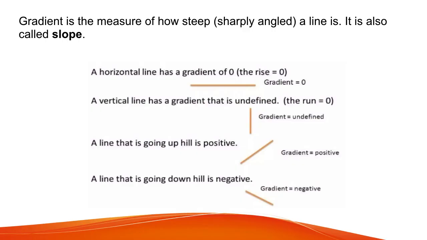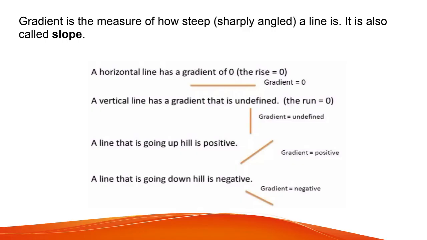When the line is horizontal, it means it's parallel to the x-axis, and the gradient is 0. When the line is parallel to the y-axis, meaning it's vertical, perpendicular to the ground, the gradient is undefined.